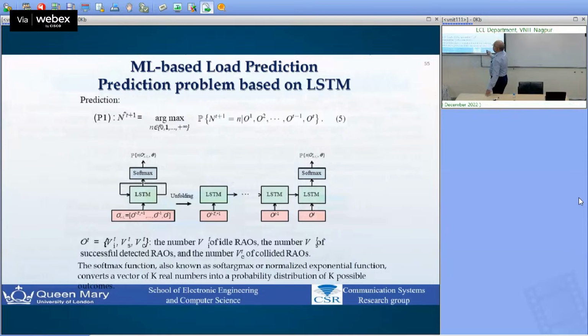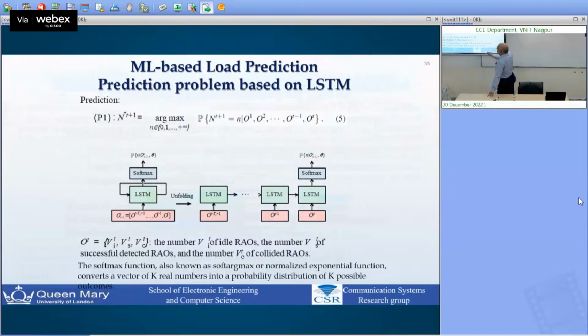Then for the current slot, here we have a softmax function. If it has a vector of k real numbers, it converts them into probabilities. This gives the maximum probability for a particular number. So that is the predictor.